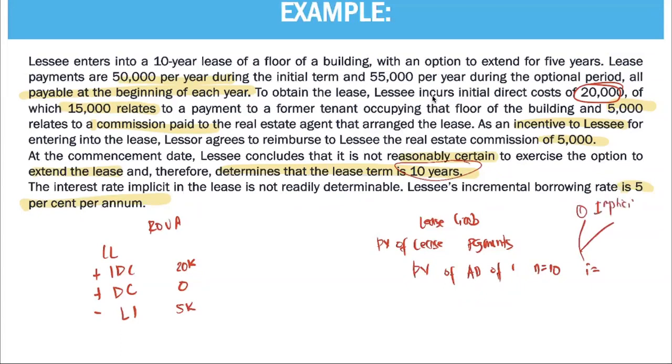If the implicit rate is not given, we use the incremental borrowing rate of the lessee. Take note, it is the lessee's incremental borrowing rate. So what is it? 5%. Of what amount? 50,000. So let's compute the present value of annuity due of 1, n is equal to 10, i is equal to 5%, of 50,000 pesos.